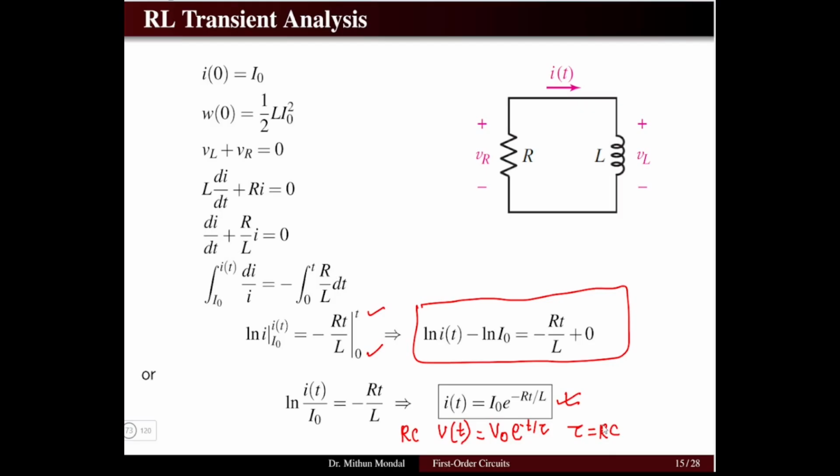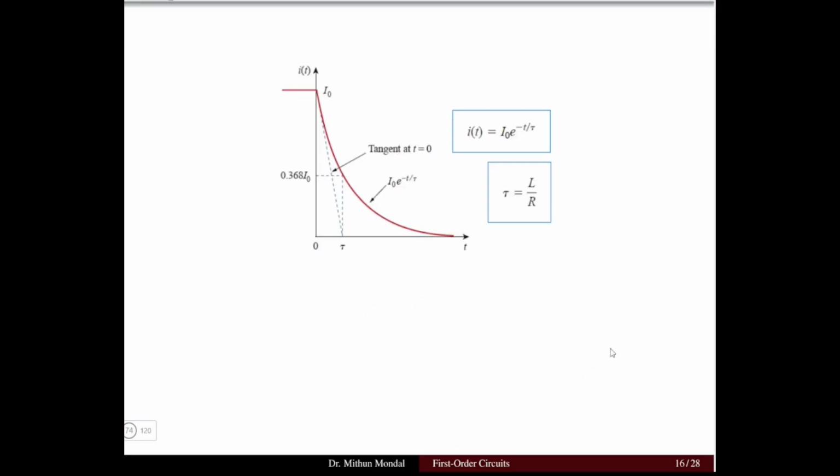So this we derived for the RC circuit. Now the same consideration we are going to apply for the RL circuit. So we have derived I of t is equal to I naught e to the power minus R by L into t.